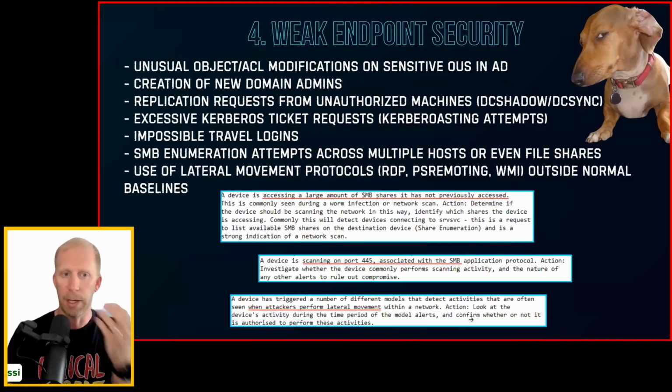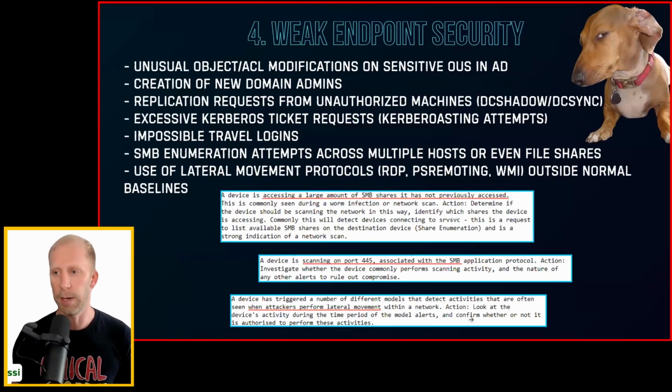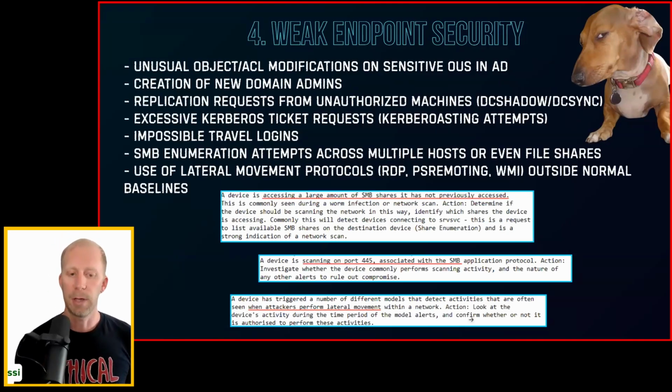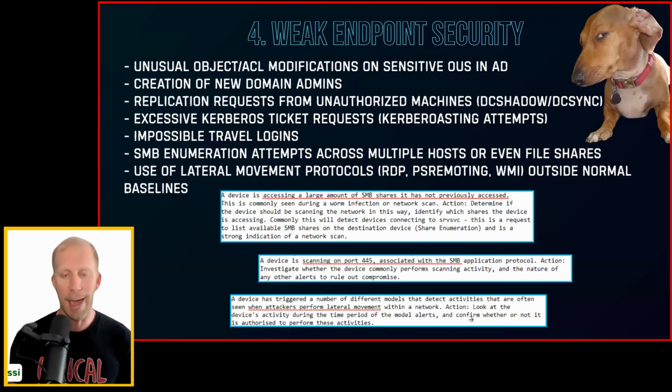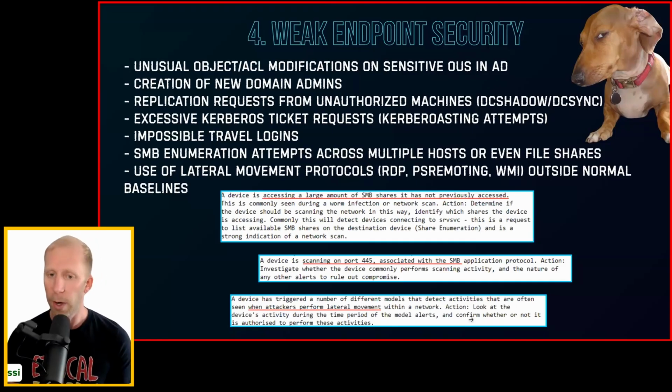So I've listed some of them here, like unusual object ACL modifications on sensitive OUs in AD. I can't tell you how many times I've modified a security group or done something in Active Directory that hasn't been alerted on that could have easily been alerted on if the auditing and monitoring was in place. Creation of new admin accounts, replication requests if you do DCSync, Kerberoasting, impossible travel, SMB enumeration, right?